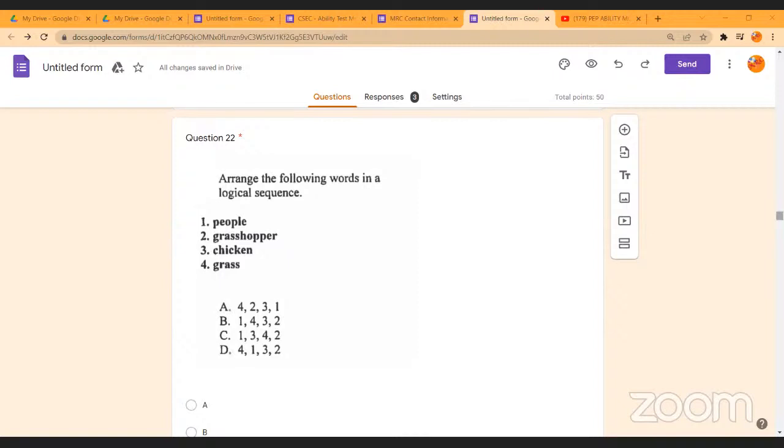So the people eat chicken. The chicken eat what? Miss, the grasshopper. The chicken eat the grasshopper. So would it be C? No, miss.